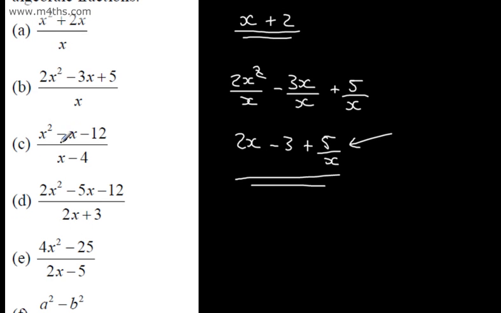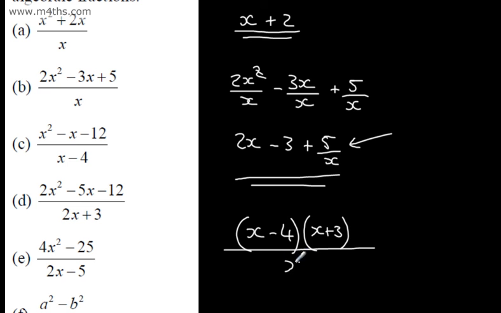Okay, if we now look at the next fraction, we have a factor of x minus 4 in the denominator. With these particular ones, we would look to factor. So if I look now at the quadratic factor in the numerator, we could factor that, and we could write that now as x minus 4 multiplied by x plus 3. So we're moving on very slightly, and now we've got the x minus 4 in the denominator.